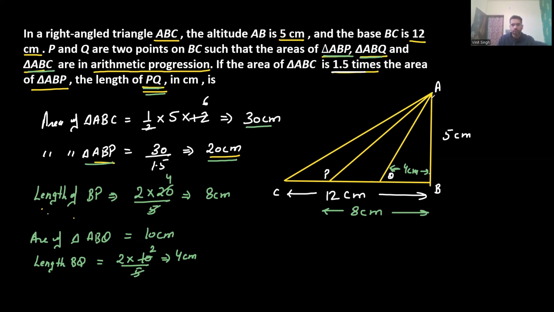Now, the points are wrong. Sorry. We have taken the points here as P and here as Q. Because P and Q are the points on BC, and the areas of ABP, ABQ and ABC will be in AP.